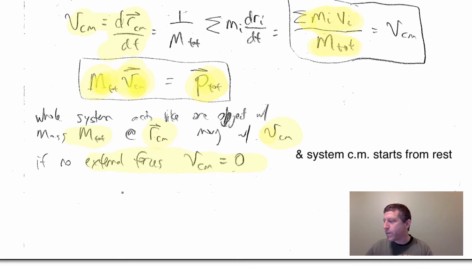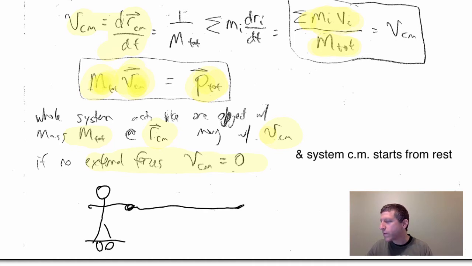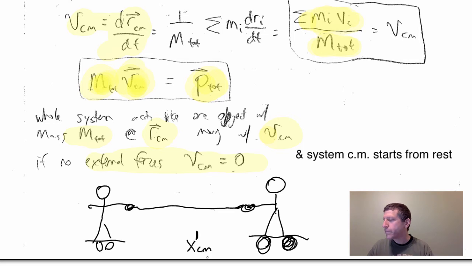So, for example, if we've got two people pulling on a rope on each other and they're on skateboards, and I'm going to make this person a bit bigger, maybe a heavier person over here. They're pulling on that and they've got a bigger skateboard. Let's say the center of mass is right here. Let's say that is the cm in the x direction at this point right there.